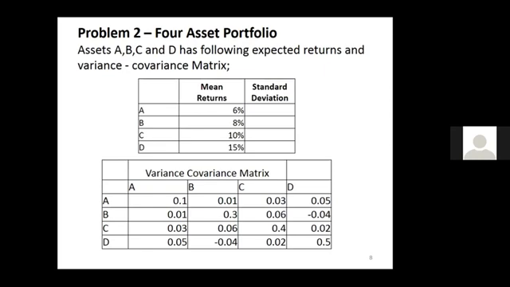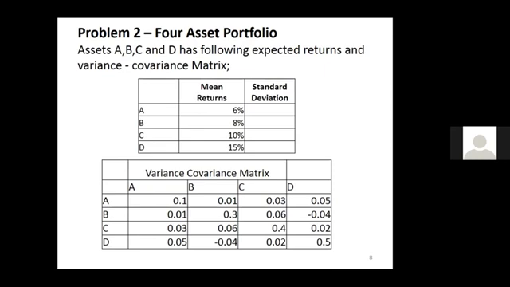So now, here is the variance covariance matrix, A, B, C, D, column-wise and row-wise. What is the meaning of that variance covariance matrix? If you can't understand the coefficients here, 0.1, 0.01, 0.03, 0.05, 0.01, like that, the matrix values are there. What is that value?